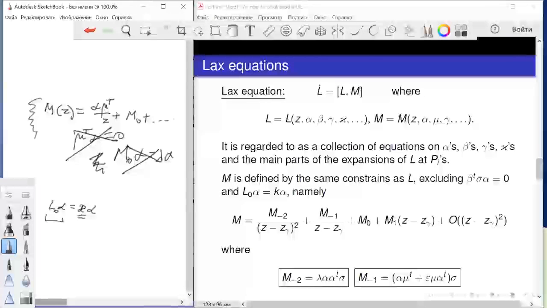So if we consider the whole collection of points gamma and associated vectors alpha, beta, and numbers kappa, we obtain just by definition a phase space of this dynamical system.